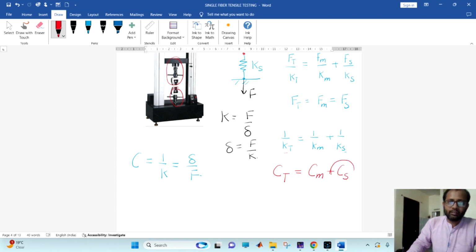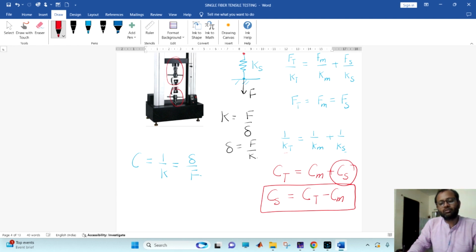And we have to find this compliance of the specimen. The compliance of the specimen is equal to Ct minus Cm. So if we know Cm, the compliance of the machine, then we can find the compliance of the specimen, because Ct is whatever we get from the force versus displacement curve.